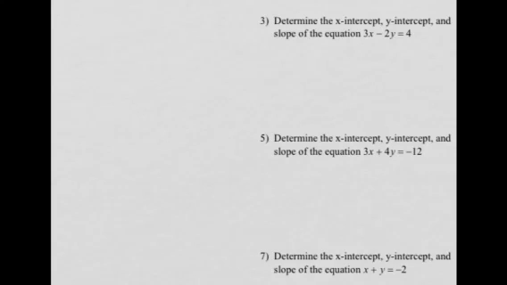Now let's try the same thing, only we'll use a different equation. This equation is 3x minus 2y equals 4. Just like before, we're going to start with the t-chart, x and y.